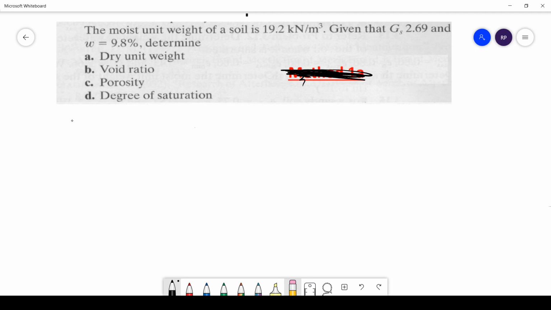So the first step we will do is to list our given. We are given gamma, which is the moist unit weight of the soil, that is 19.2 kilonewton per cubic meter.